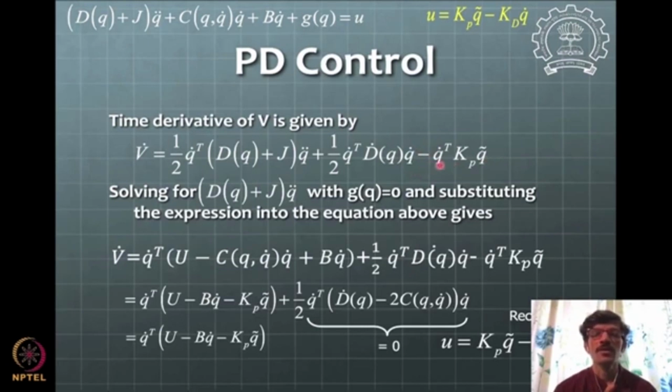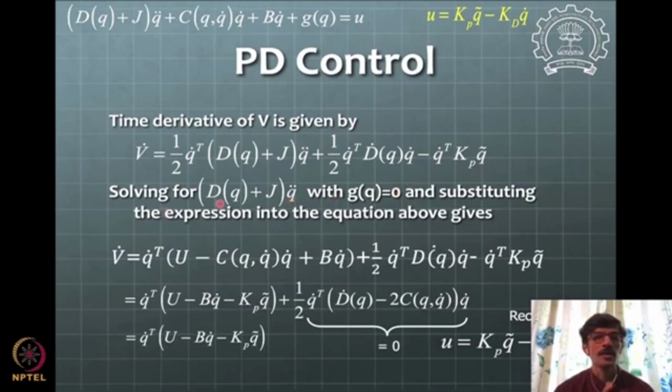You have q tilde dot transpose Kp q tilde and q tilde transpose Kp q tilde dot. Both of these are going to be the same terms, and they'll add up together, and you will get this half cancelled out. You can see this negative sign will come based on the transformation between q tilde dot and q dot.